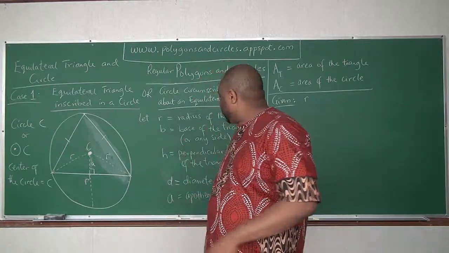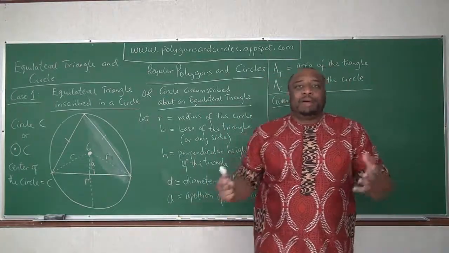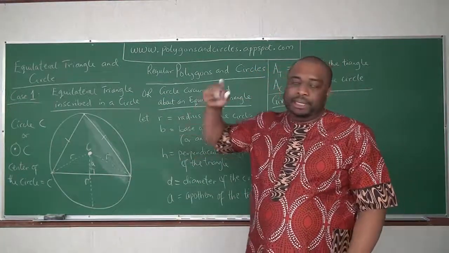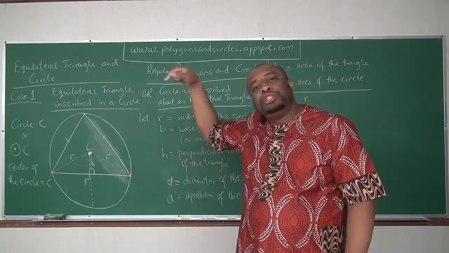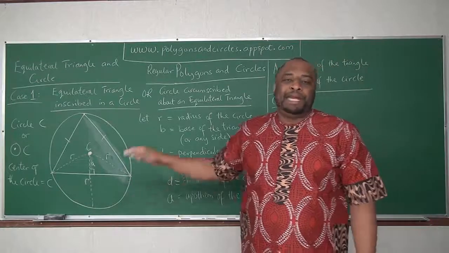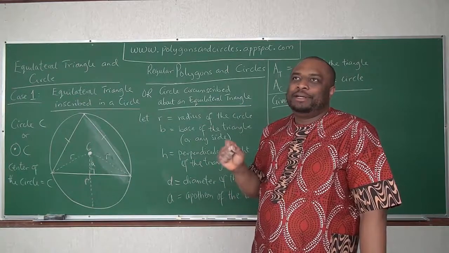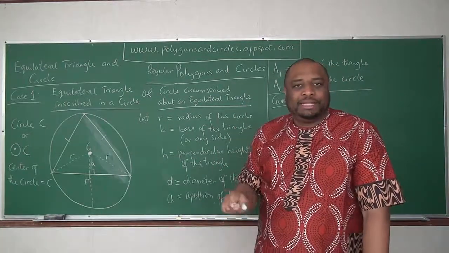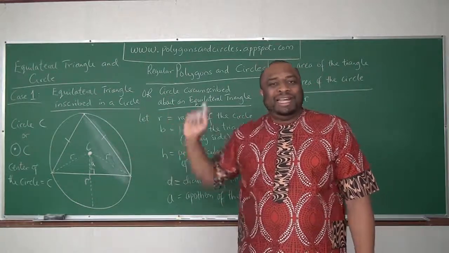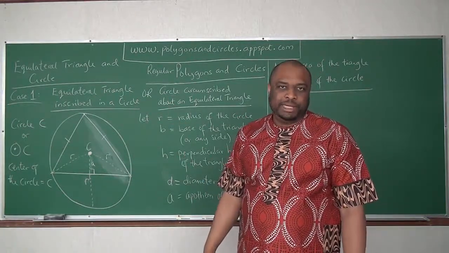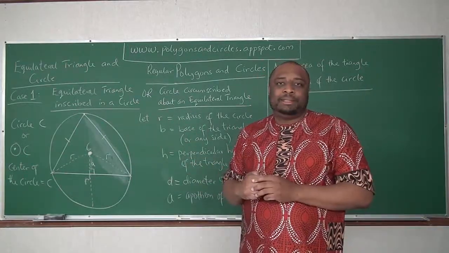The apothem of a regular polygon is the distance from the center of the polygon to the side, the perpendicular distance. Please put perpendicular distance, okay. The apothem of a polygon is the perpendicular distance from the center of the polygon to a side of the polygon, because a regular polygon has congruent sides.